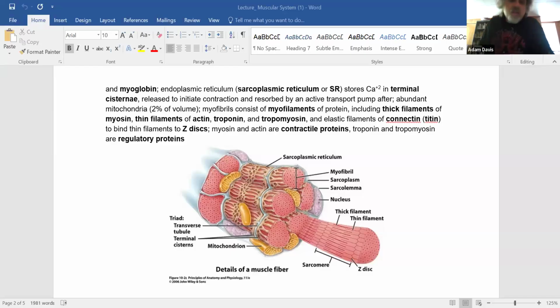Okay, here we go. All right, so here we can see a cutaway diagram of a skeletal muscle fiber, a myofiber, which is another way of saying a skeletal muscle cell.